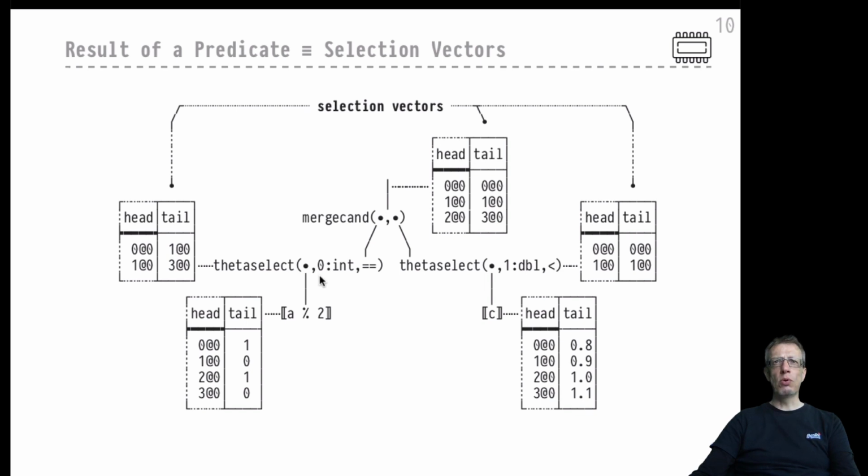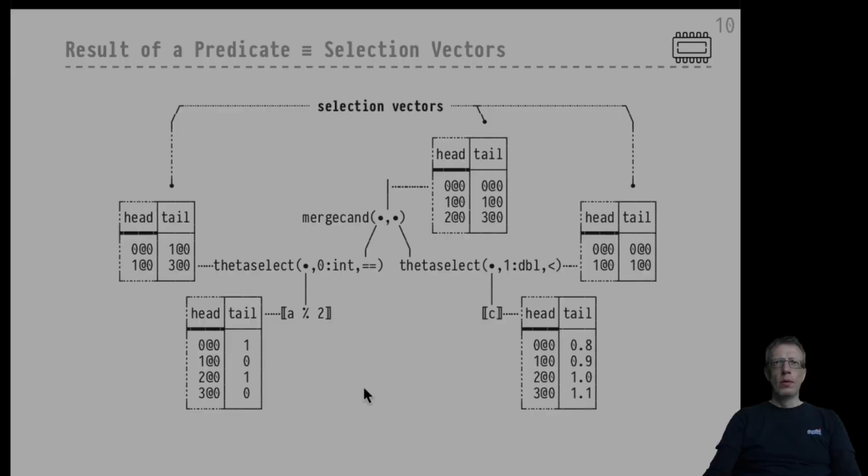The comparison with 0 is satisfied for the BUN with OID 1 and the BUN with OID 3, and both of them are indeed found in the result of the theta select. What we have here is a so-called selection vector, a vector of OIDs whose only purpose is to represent the outcome of a selection. All the qualifying OIDs have been collected here.